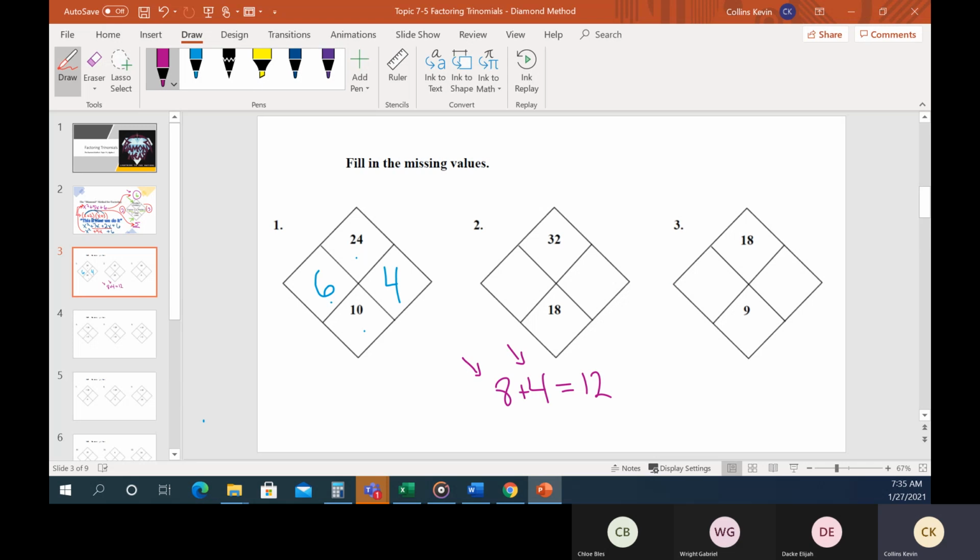So what's some other numbers that multiply and give us 32? I'll get us started. So there's 1 times 32, right? But if we add those together, I guess it's 33, right? So that's too big.